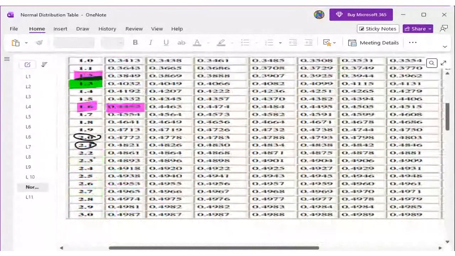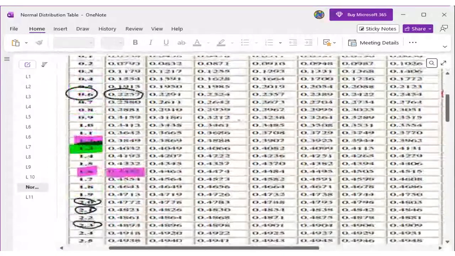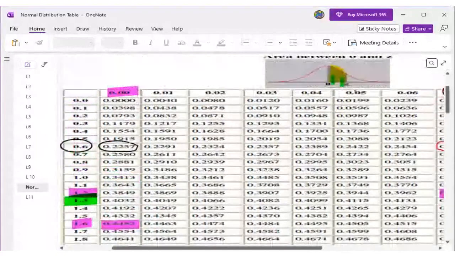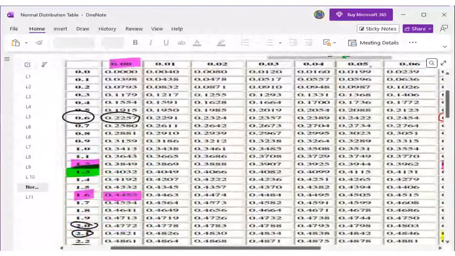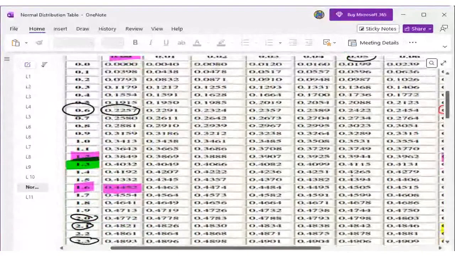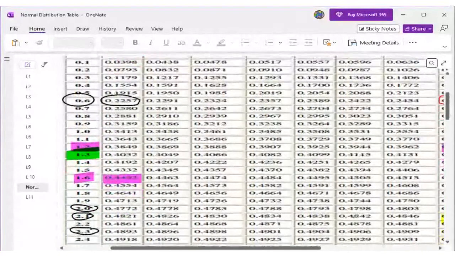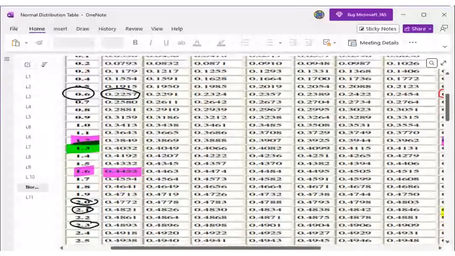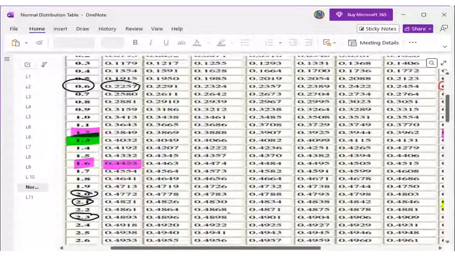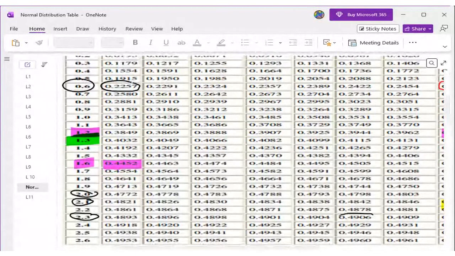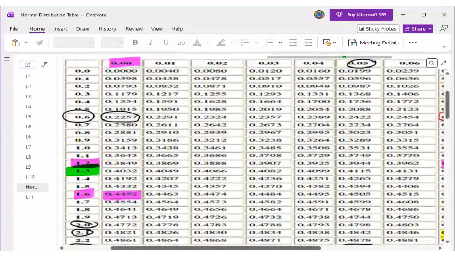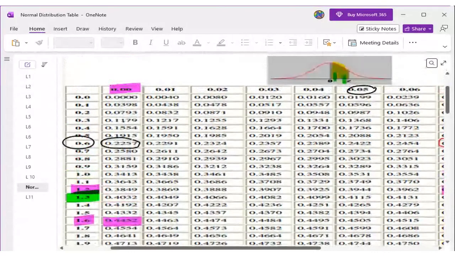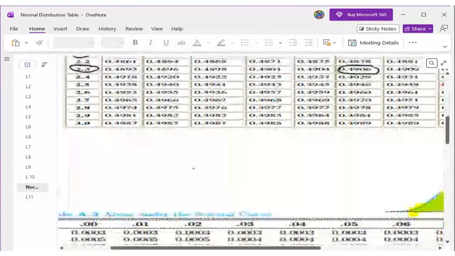This is 2.3, then from the top you see 0.05, and match the horizontal and vertical for 2.35. So I think it is 0.4906.